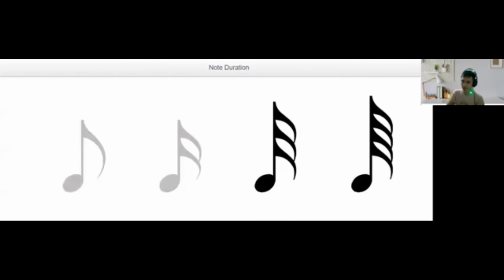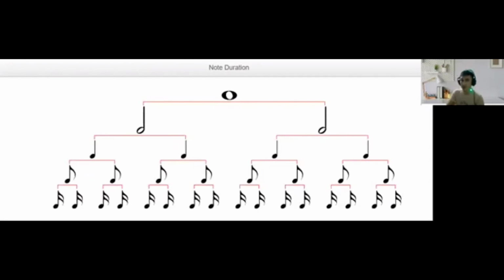Although it's possible that notes have three or more flags, they are very seldom used. Now, this chart displays the relationship of all five notes I discussed in the lesson.